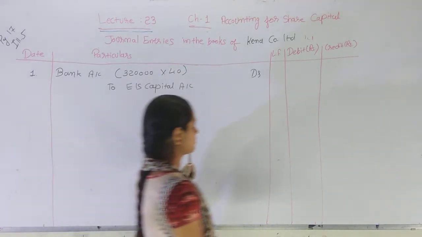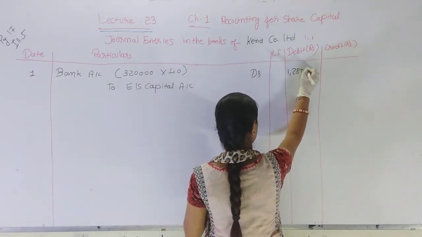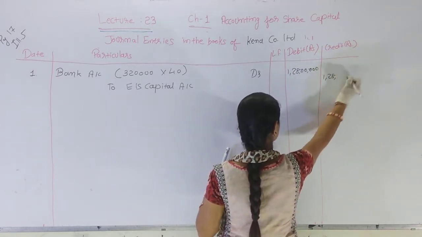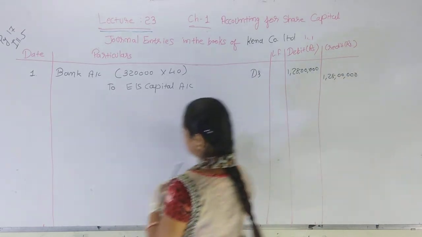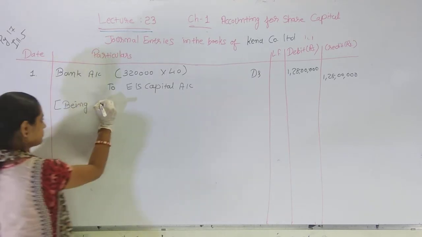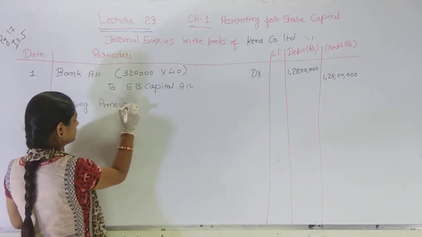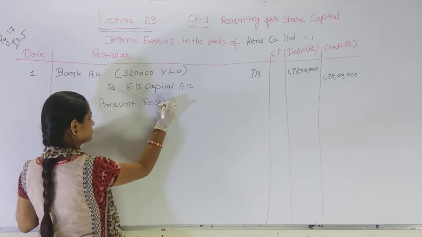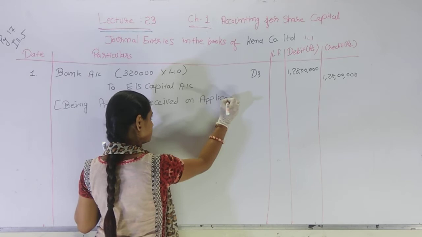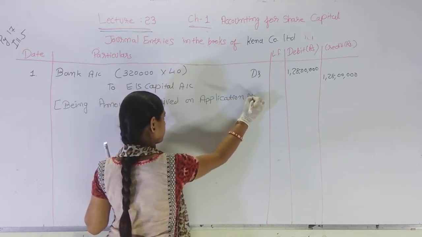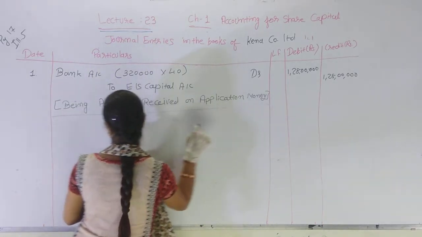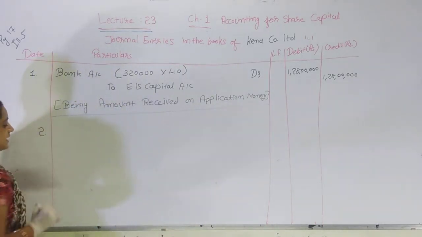So in total we are receiving 1,28 lakh. In the bracket we have to write bill amount received on application money. Bracket over, underline, leave one line, second entry.